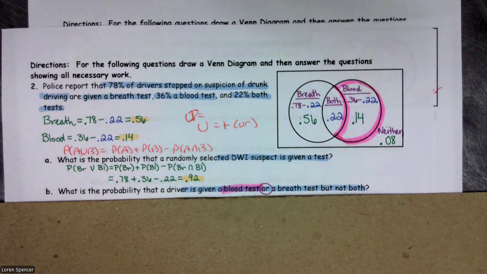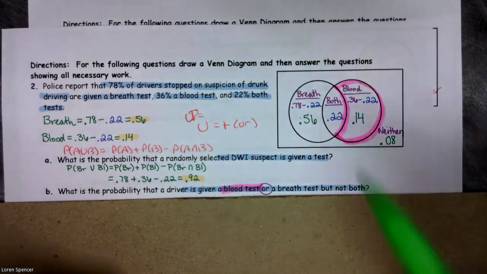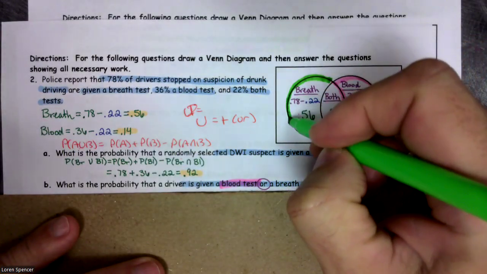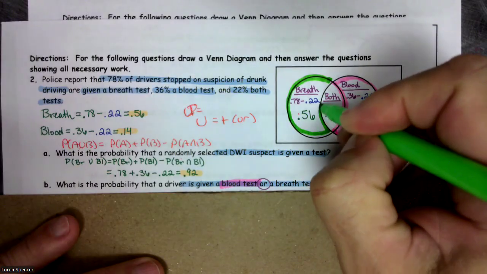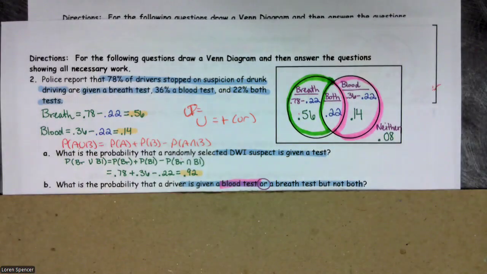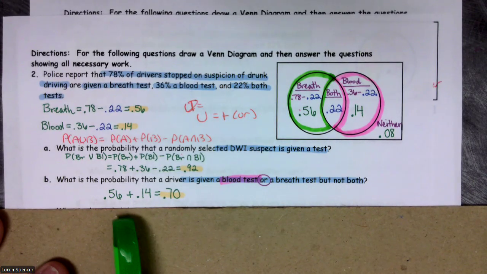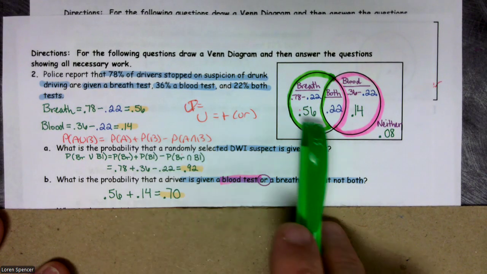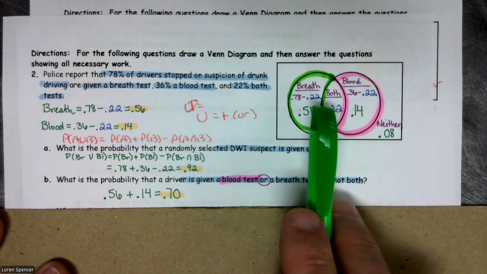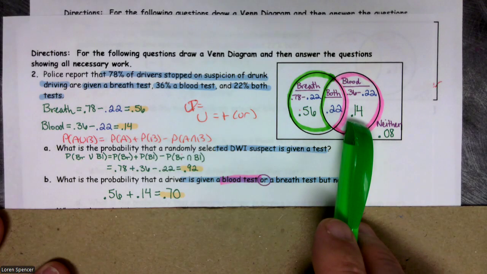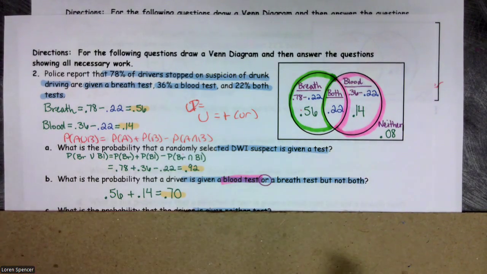And the probability of a breath test, but not both, is 0.56. So when we add those up, the probability of having either the breath test or the blood test, but not both, is 0.56 for the breath plus 0.14 for the blood.